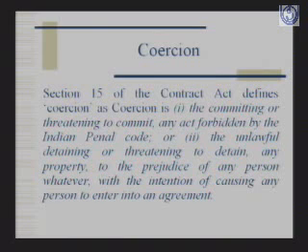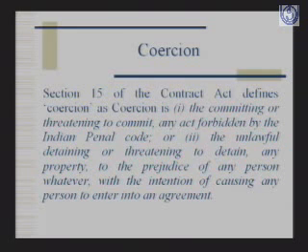We take this first one. There are two things in this sentence: first, committing any act forbidden by the Indian Penal Code, and secondly, threatening to commit those acts which are forbidden.